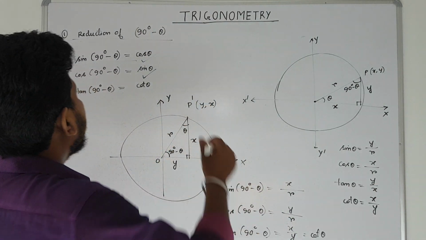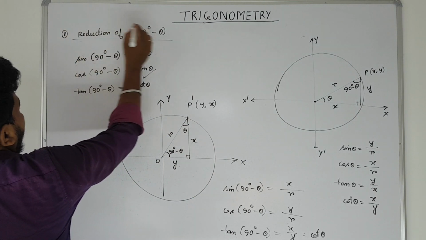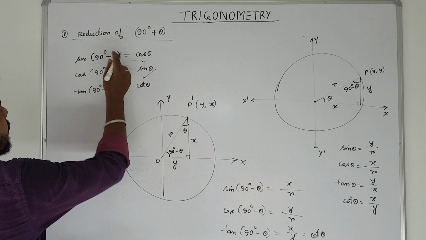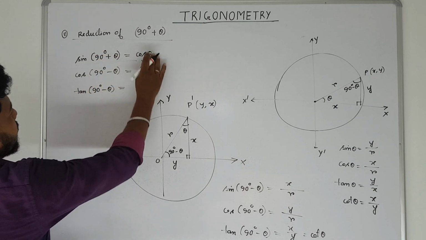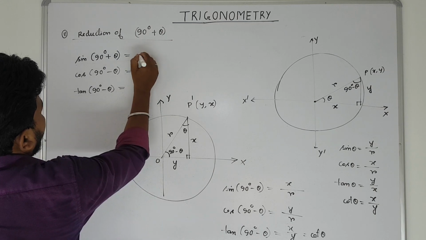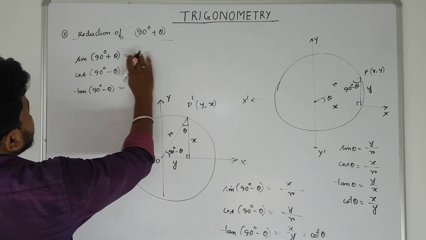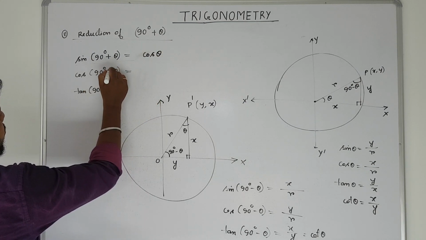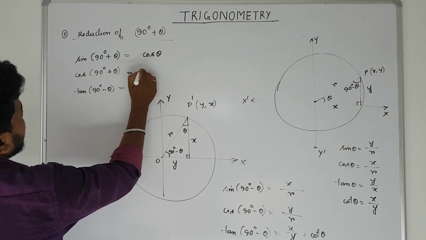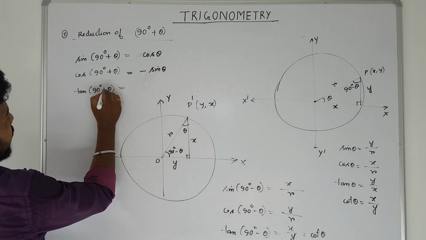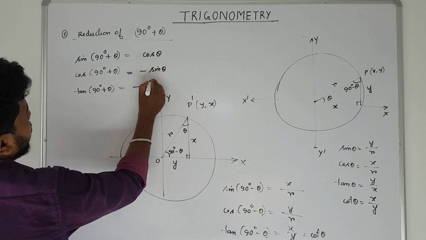Now we will do the reduction of 90 plus theta. We can write sine 90 plus theta is equal to plus cos theta. Cos 90 plus theta is equal to minus sine theta, and tan 90 plus theta is equal to minus cot theta.